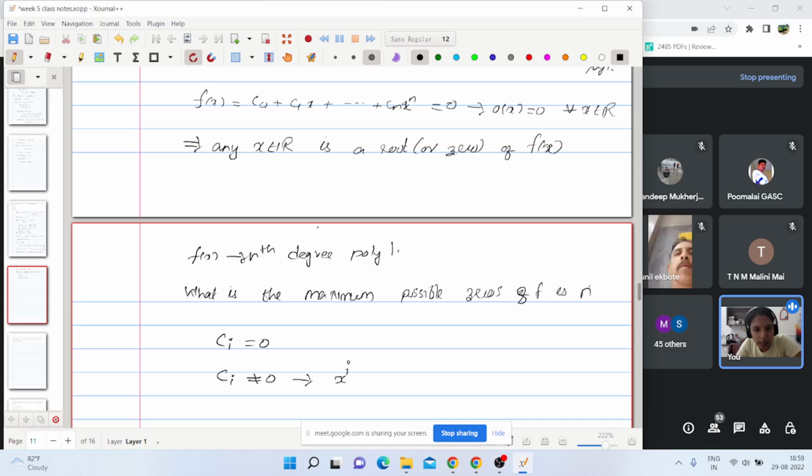So in order for this condition to be satisfied, all the Ci should be 0. Is the argument clear? Does anyone have a doubt, or should I explain again?